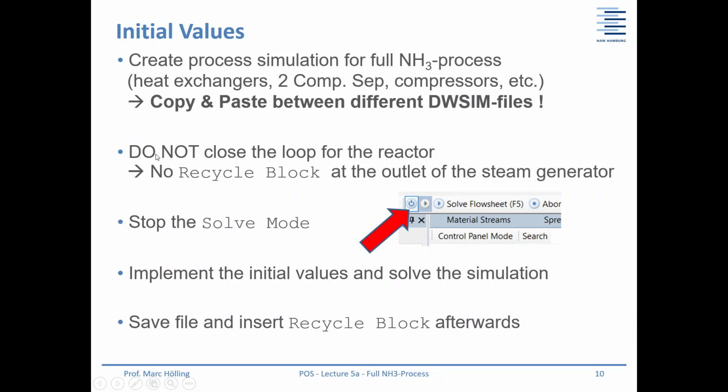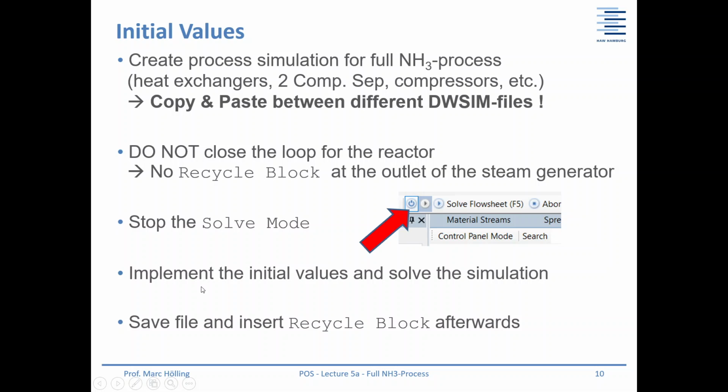But what's important, do not close the loop for the reactor. This means no recycle block at the outlet of the steam generator. And then I find it helpful to stop the solve mode. This means you have here something like a power button, and if you press this, then the simulation is not starting with the iteration, but you can change all values until you are happy.